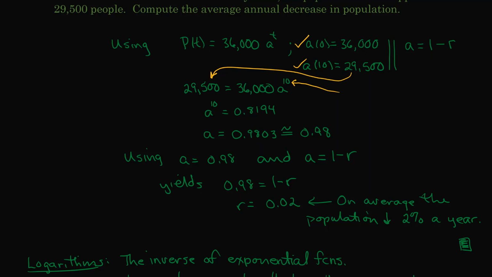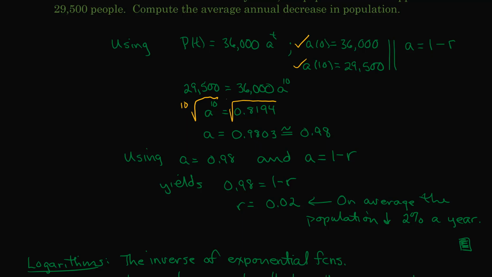I want to solve for a to the 10th power, so I'm going to divide both sides by this 36,000, which will give me a to the 10th is equal to 0.8194. To solve for a, what I want to do is apply the 10th root to each side.